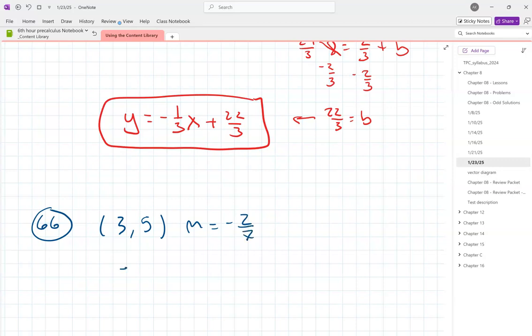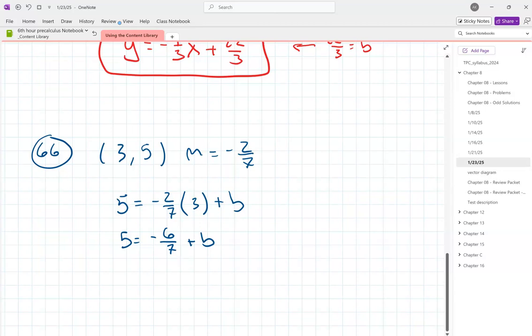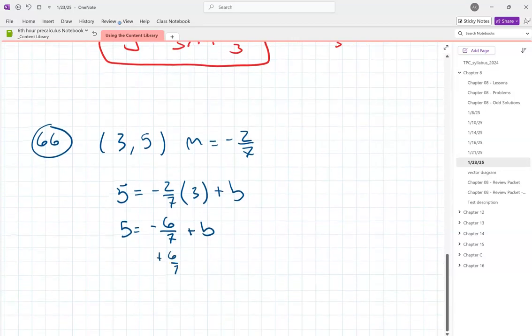So I'm going to do the same thing. I'm going to then plug this into the slope-intercept equation to solve for b. If I add 6/7 to both sides, I'm going to need a common denominator.